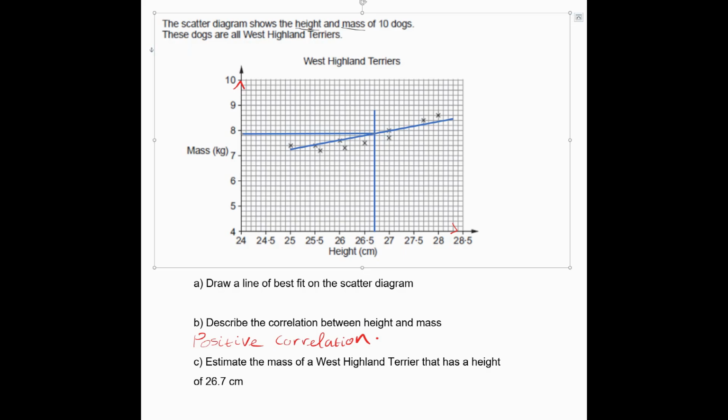Right, and reading that, because it's going up in 0.2s, 4 to 5 in 5 units means it's going up in 0.2s. So if I read this, this is 2, 4, 6, that's about 7.8. Maybe you could say 7.9. So I'm going to say 7.8 kilograms.